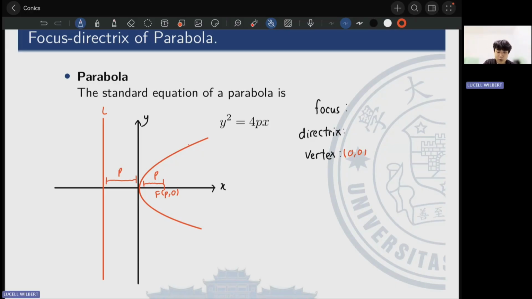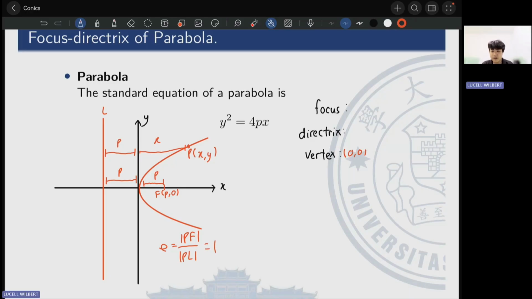Let one point P right here be equal to x, y. So the distance is x, and this distance is equal to p. We know that the eccentricity equals PF over PL, which is 1.